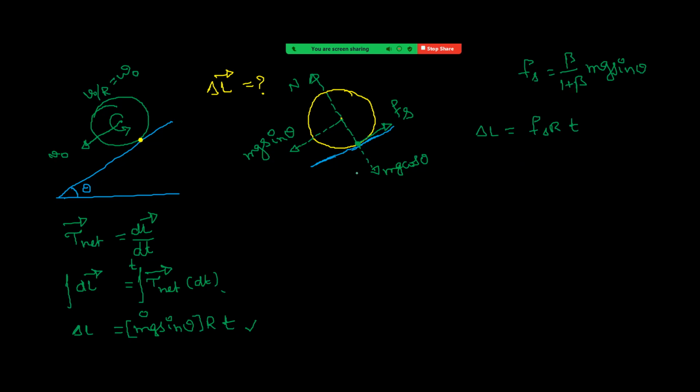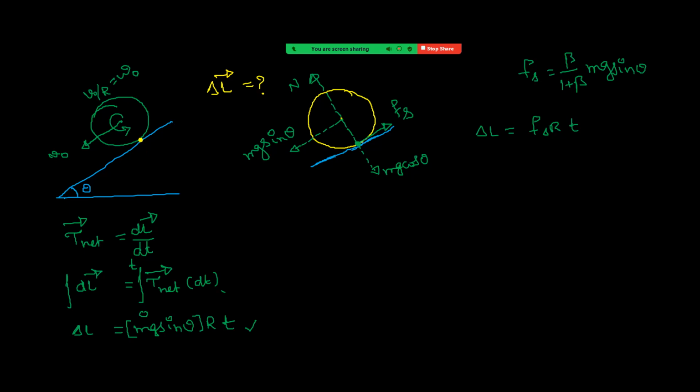Next, in this one more condition given that if the surface is smooth, now see what happens. Since we are taking about the contact point, whether surface is smooth or rough, no change in torque, right? I am repeating. Since we are taking about the contact point, because of friction, torque is zero.